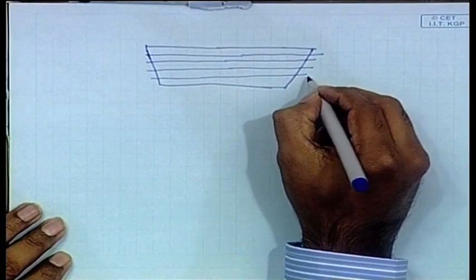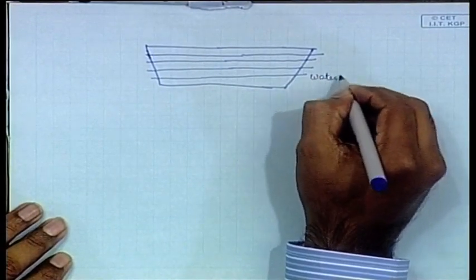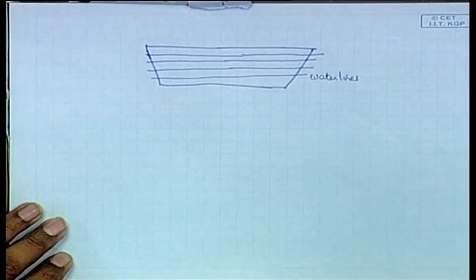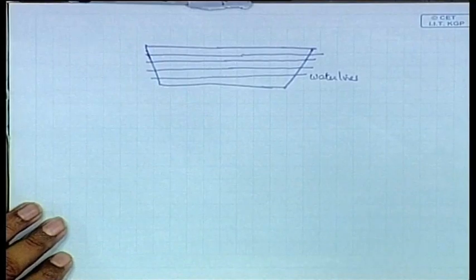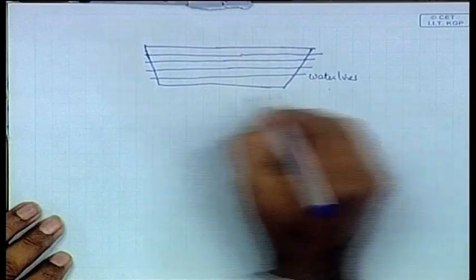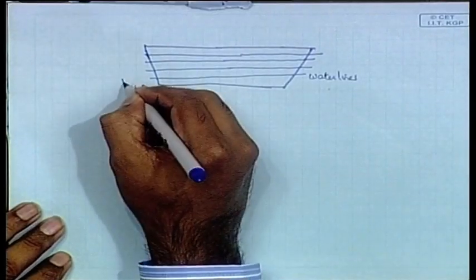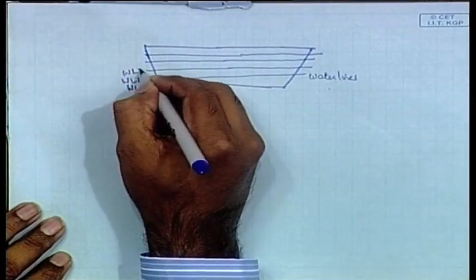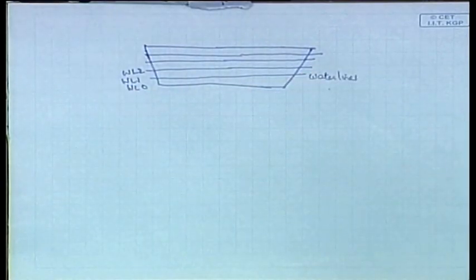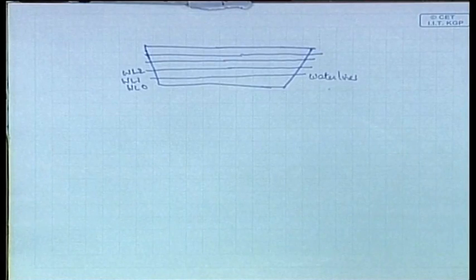These lines are called water lines, and you remember there was one called the load water line, which basically represents where the water is. Just like that, you have different water lines, and you name them in the same fashion: water line 0, water line 1, water line 2. So we now have stations vertically and water lines horizontally, and one more is there.